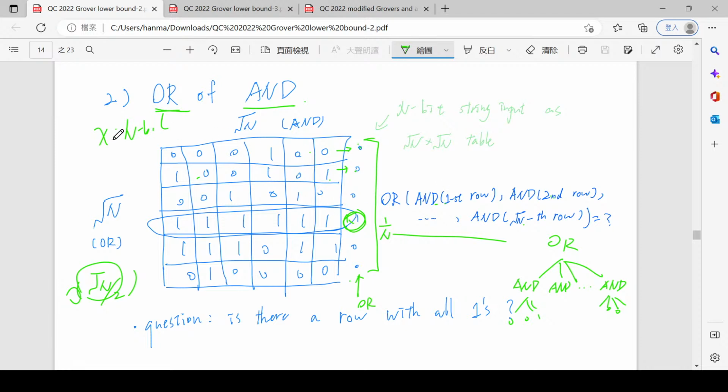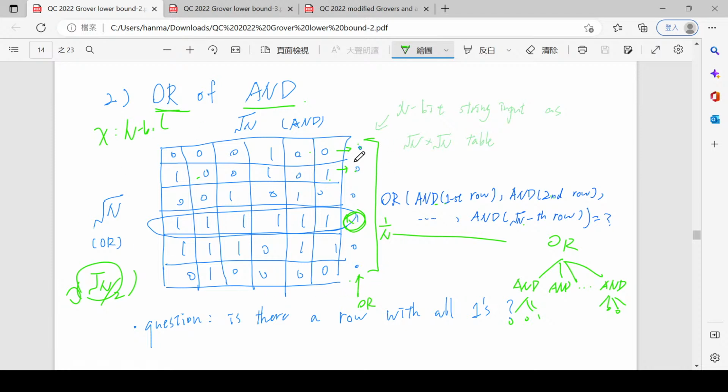We think about the input once again as a big string, and we think of it as a block, square root n times square root n. You will have the AND of the first row and the AND of the second row. So you are computing a function where you need to compute the AND of every row first, then you compute the OR of all the results from the rows.